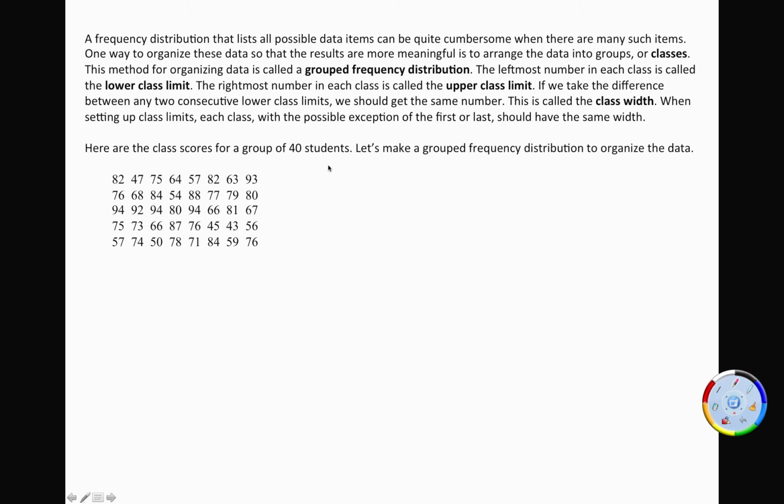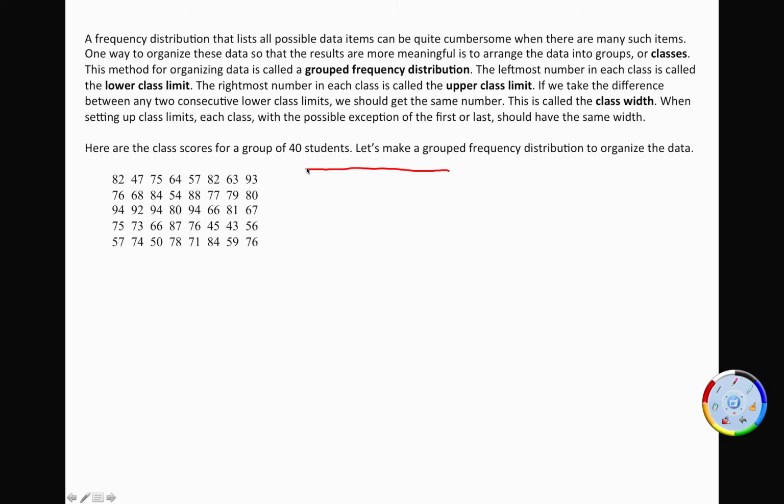So we are allowed, just by the nature of some kinds of data sometimes, to have the first and or last class a different width. But other than that, all the classes must have the same width. So let's make a grouped frequency distribution to organize this data.